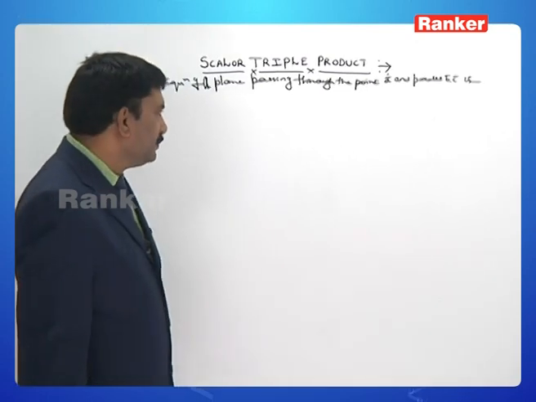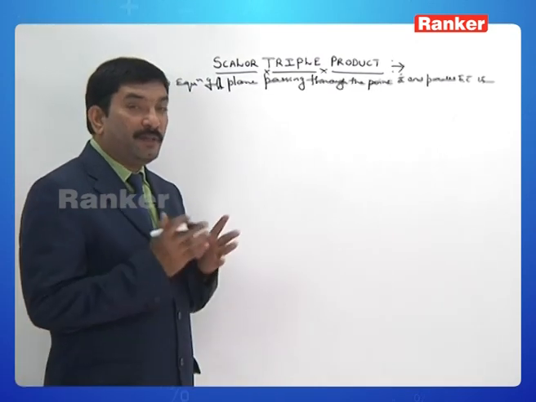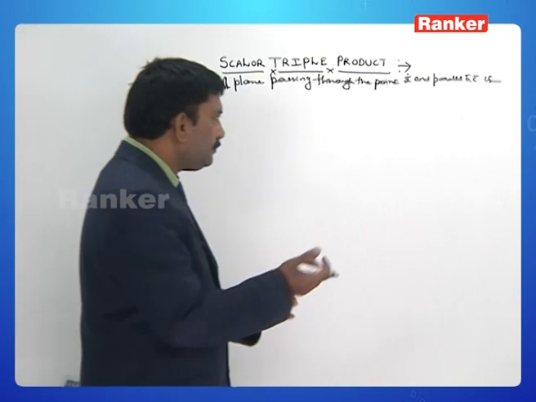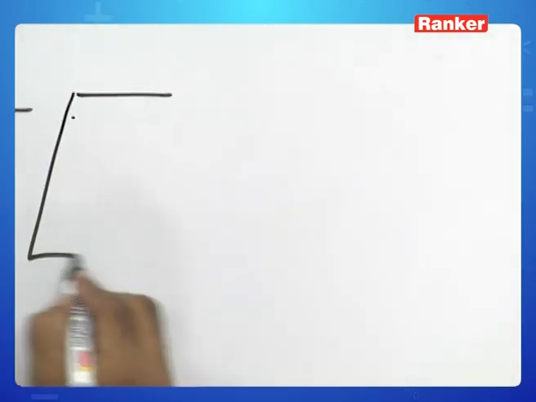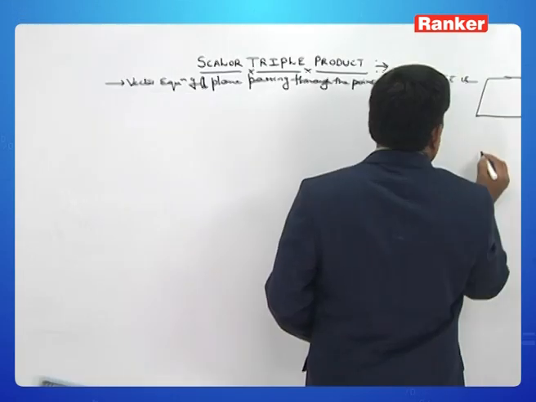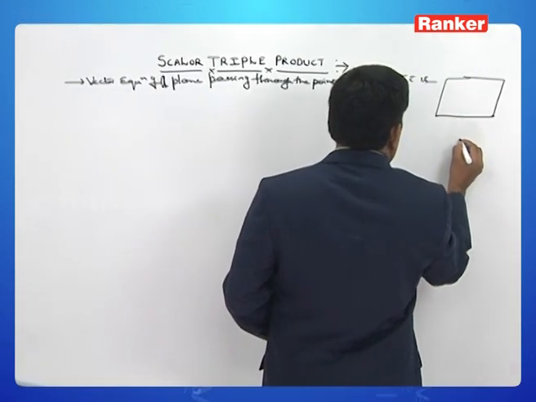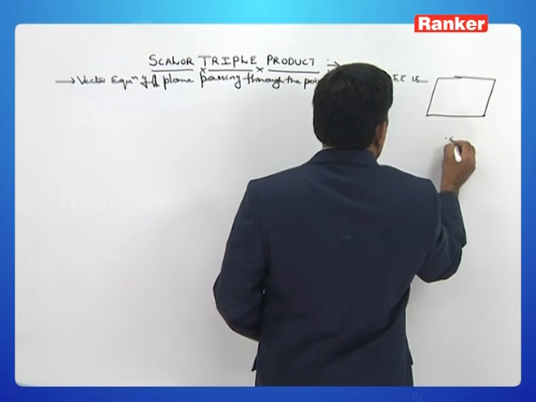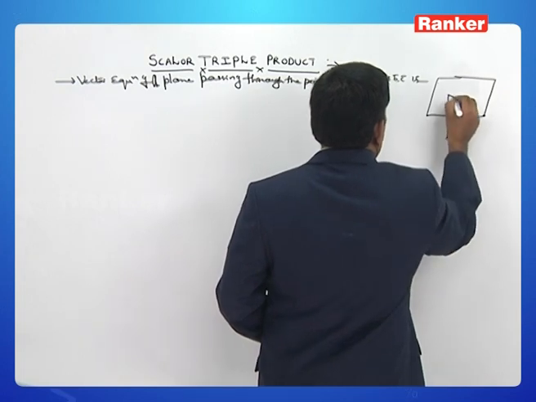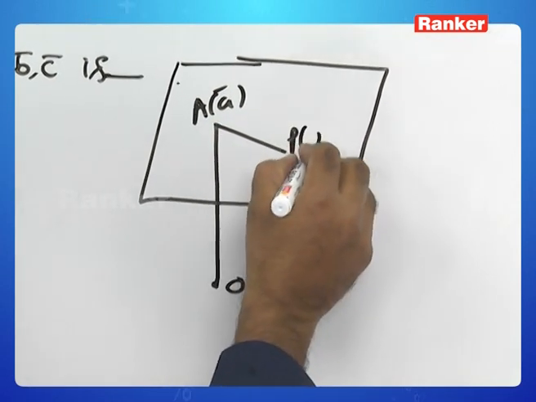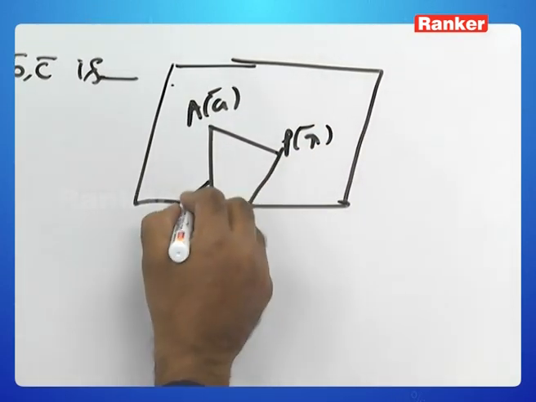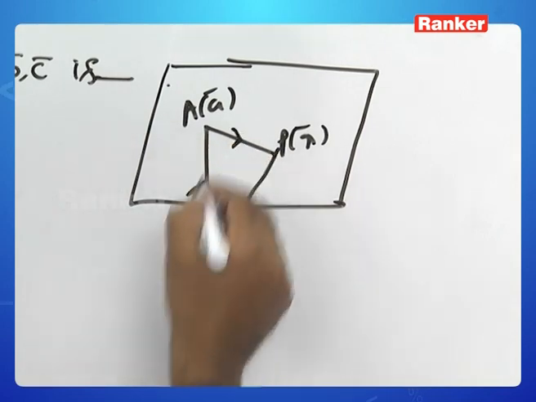Look here. Now I can express this in many ways. Now I take this one as a plane equation like this. Now it is passing through one point. This is A of A bar, this is P of R bar, this is OA bar, this is AP bar.